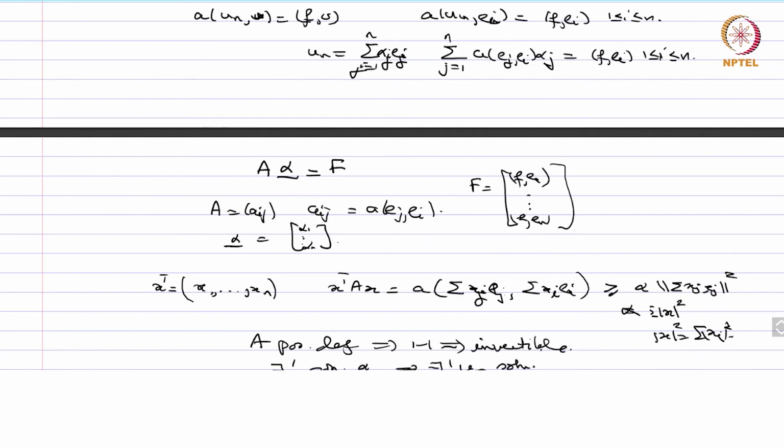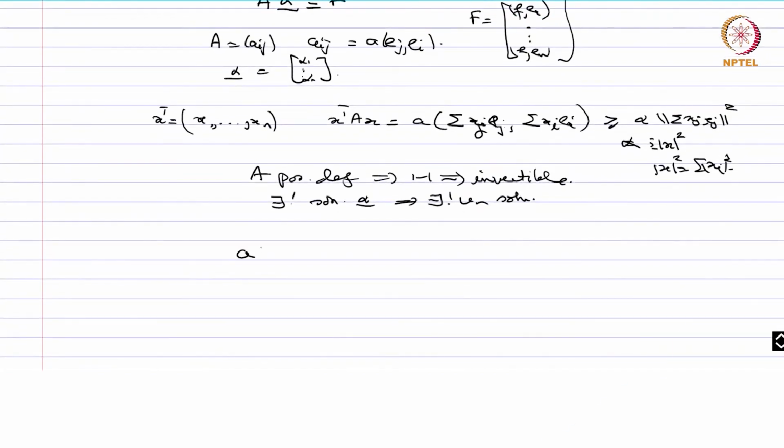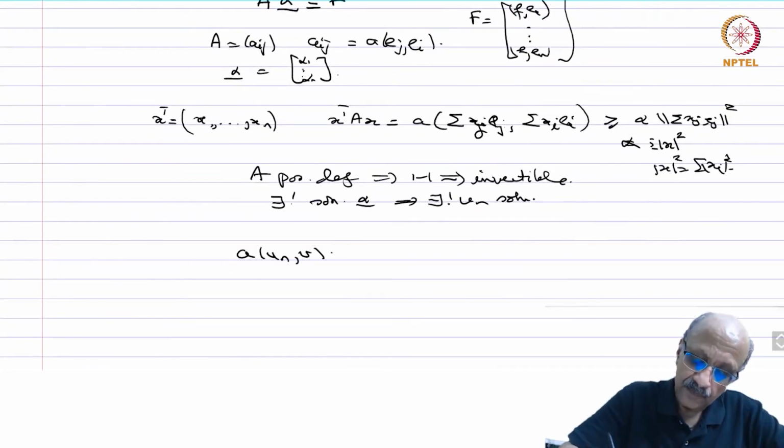And now, because you know Un converges to U, you can also prove the Lax-Milgram lemma. You have A of Un, V equals F of V for every V in Wn.